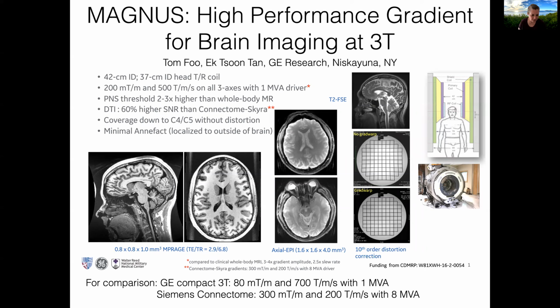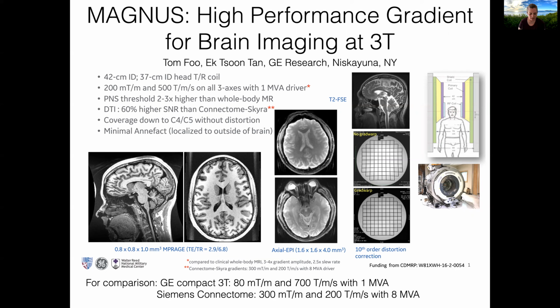This is a head-only system that achieves 200 millitesla per meter maximum gradient strength, and also very high slew rates simultaneously, 500 Tesla per meter per second, which means that it also dramatically shortens your EPI readout, also reducing your echo time and reducing distortions and all those good things.